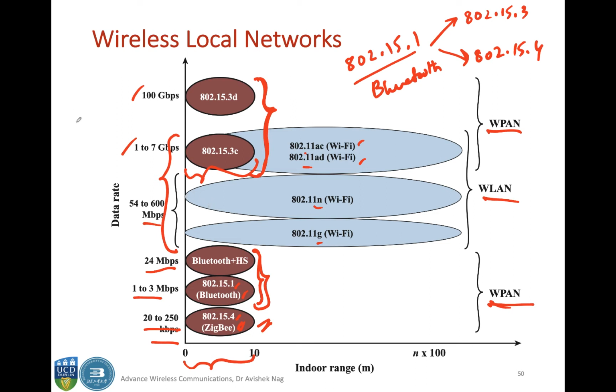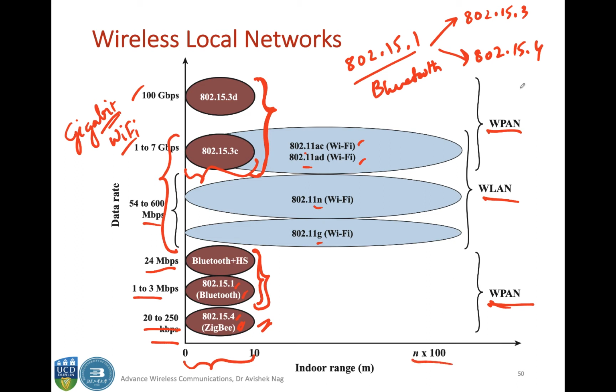These days we also come across the term gigabit Wi-Fi. This is again a new technology which, if you want, you can look up. And then the range of WLANs is always higher, in the order of a few hundred meters.